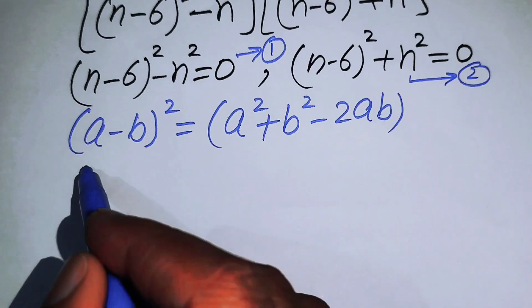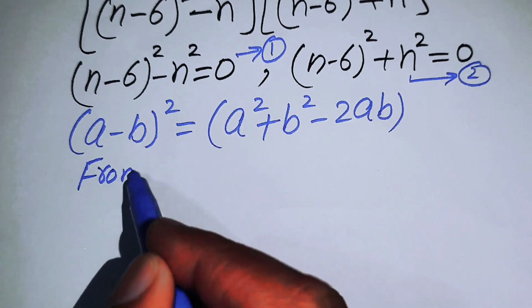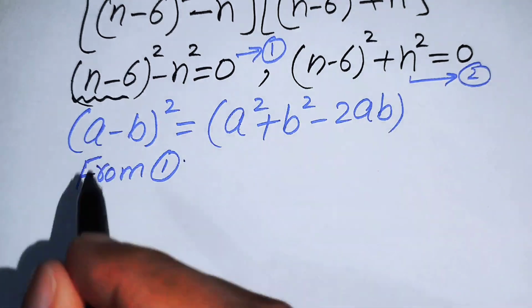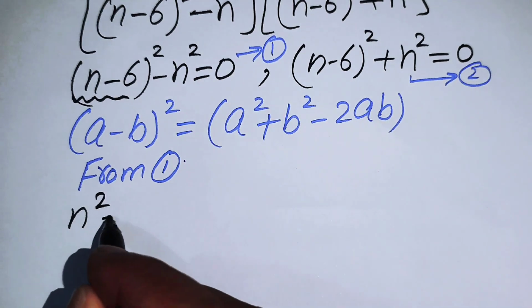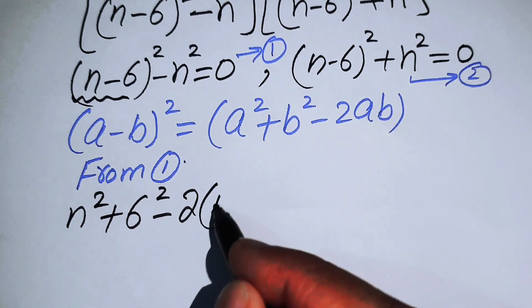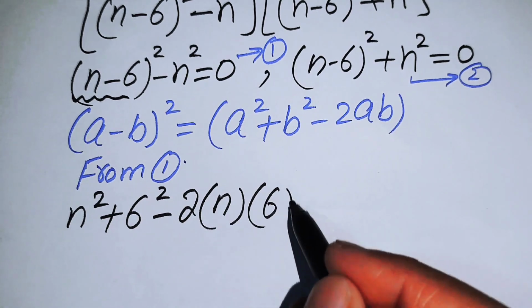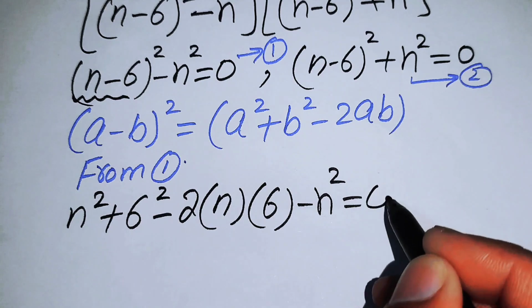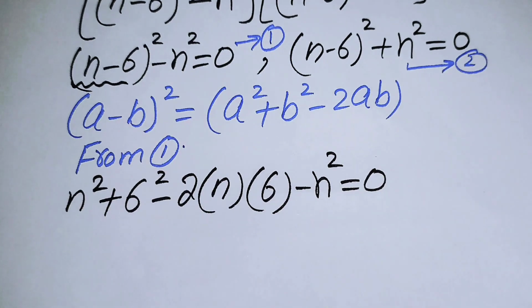So from case 1, we use this formula on this expression and write n squared plus 6 squared minus 2 times n times 6, and we have this minus n squared equals 0.